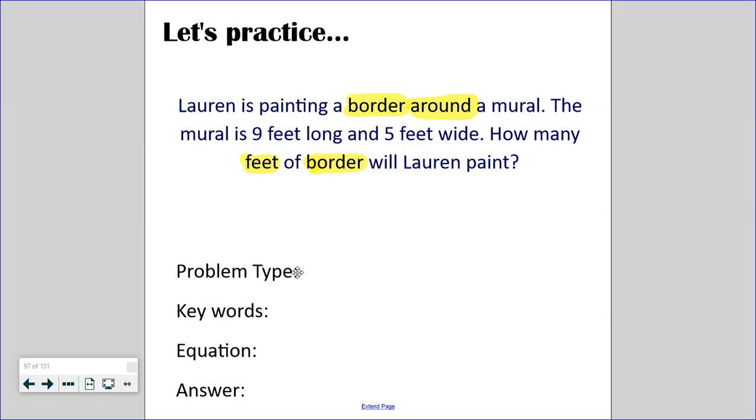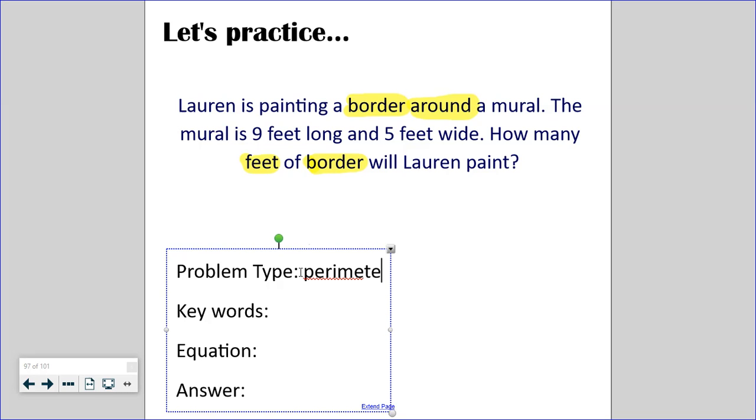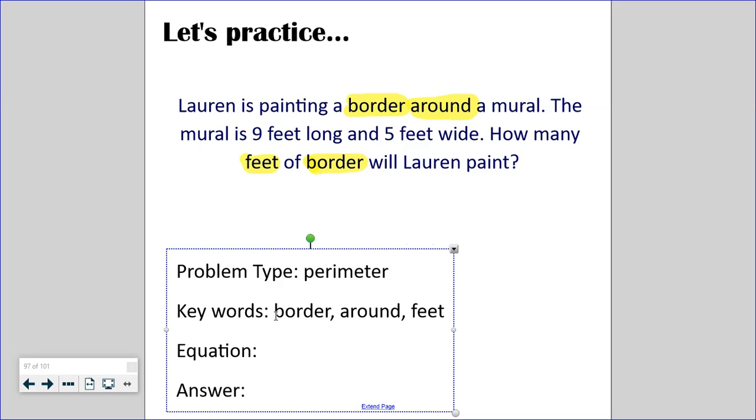So I'm going to go ahead and where it says problem type, I'm going to type perimeter. And then I'm going to go ahead and think about the words that told me it was a perimeter story. Border, around, feet. Those words all kind of help me realize that this was a perimeter story. So how am I going to figure it out?